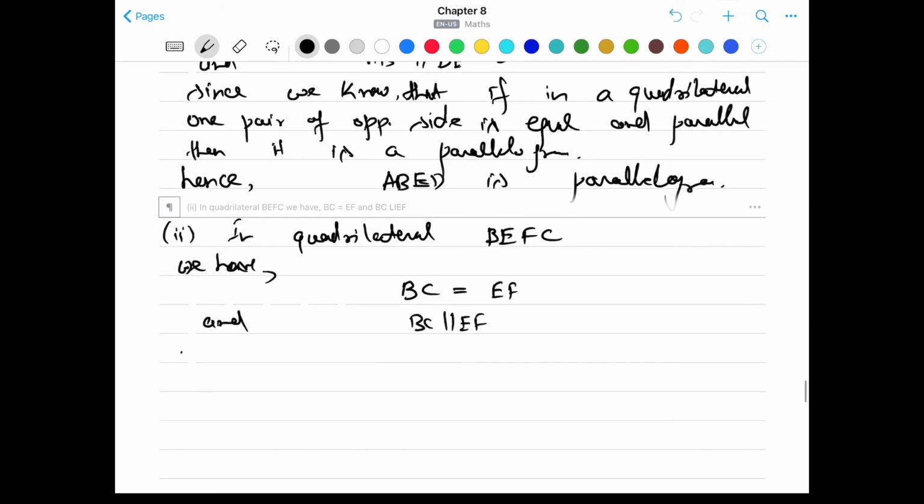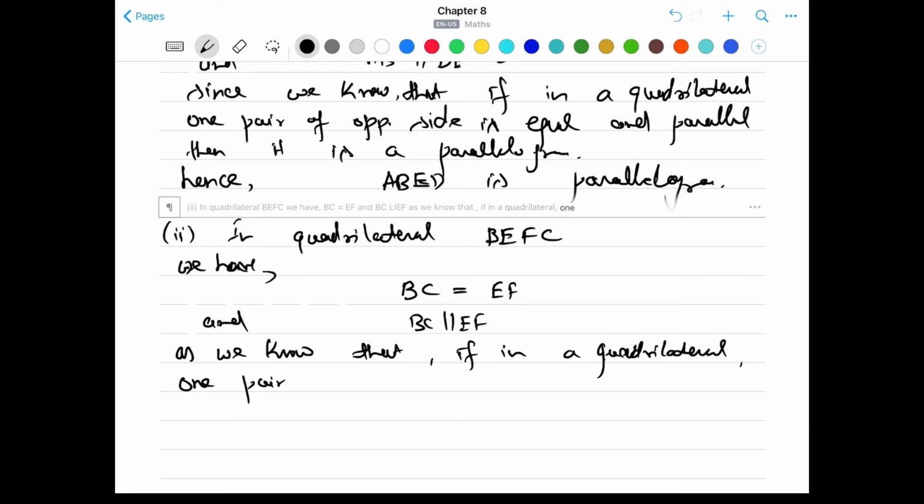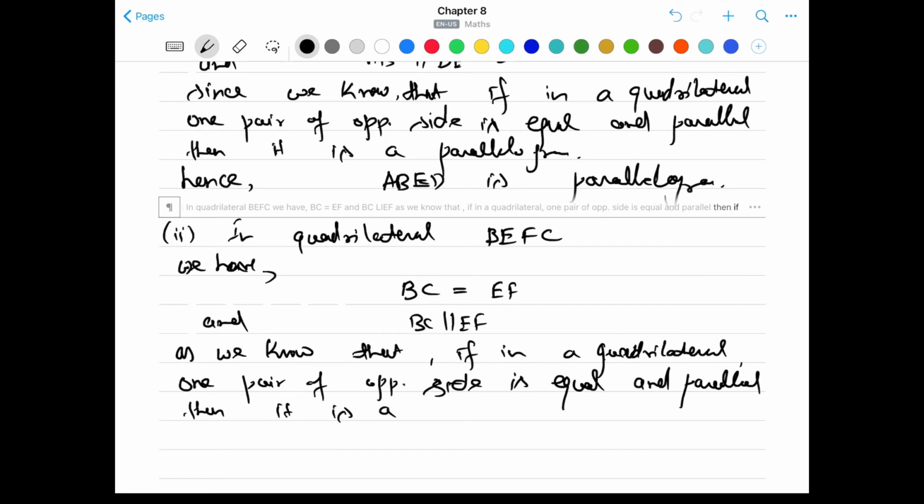So as we know that if in a quadrilateral one pair of opposite sides is equal and parallel, then it is a parallelogram.